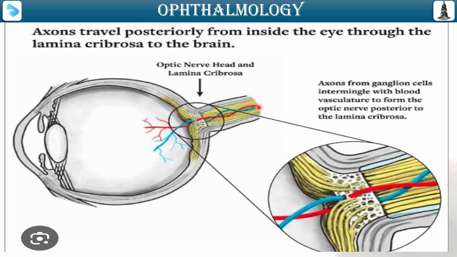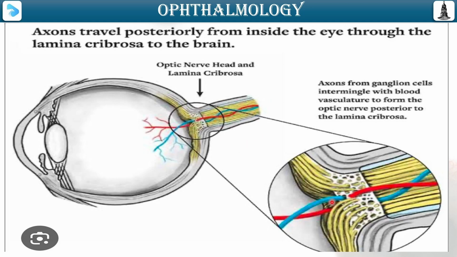There's an important question here I found in the book. Is the optic nerve a true nerve? So what is a true nerve? A true nerve is just a group of nerve cells covered by a neural sheath. There's nothing inside this neural sheath but nerve cells.